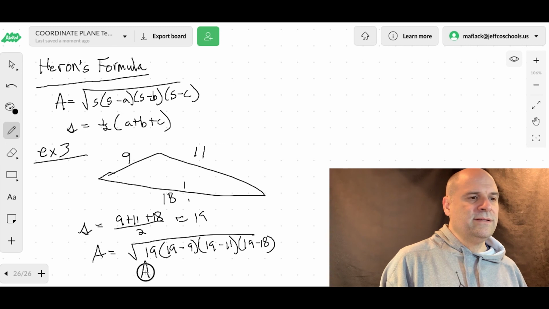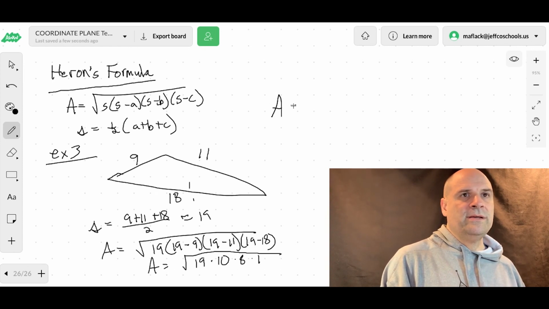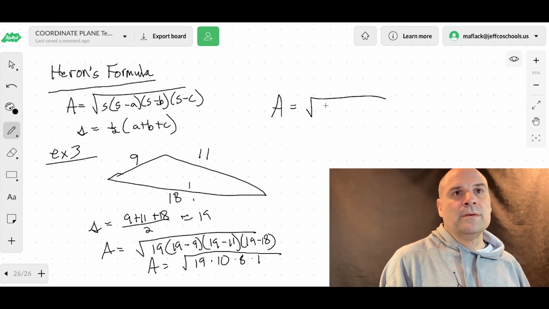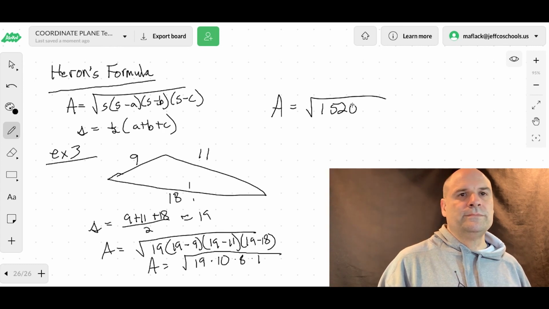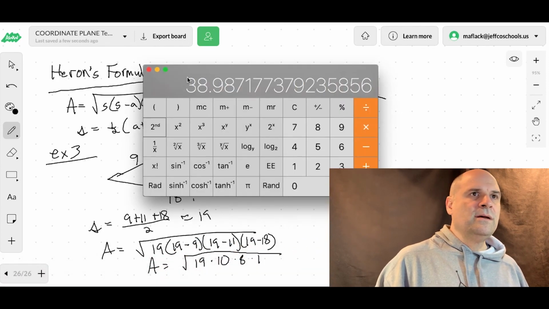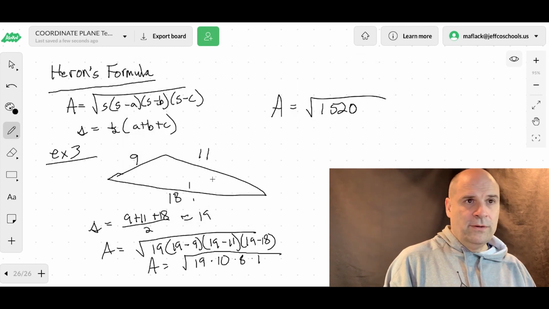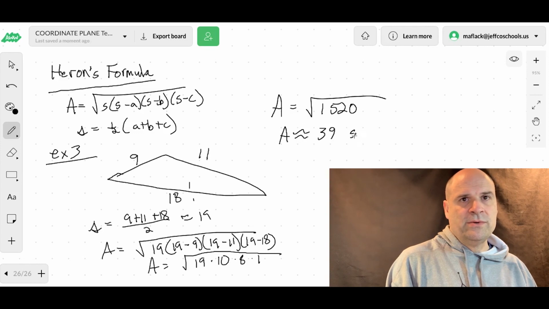It's getting nicer with nice little numbers. So this is times 10 times 8 times 1. Let's do that math. Area equals the square root of 1520, which is 38.99-ish, or approximately 39 square units.